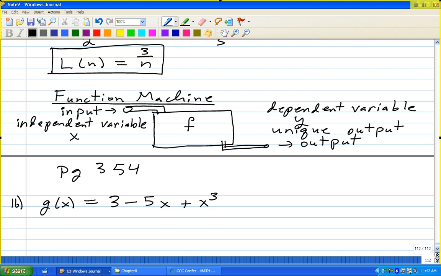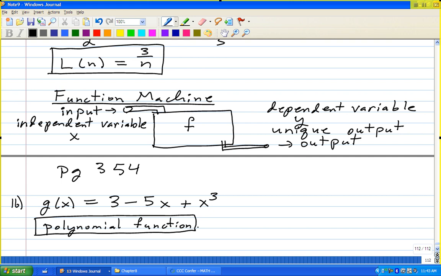Now, in this case, since we have the sum of a whole bunch of terms, and each of these terms has a variable to some sort of whole number power, then I will call this a polynomial function. Now, of course, it could be called other things.